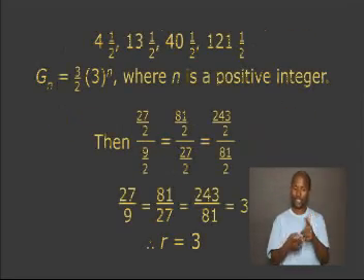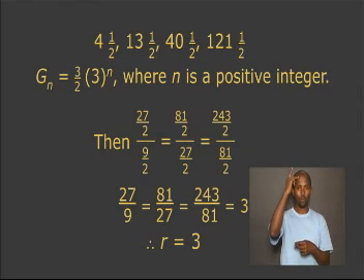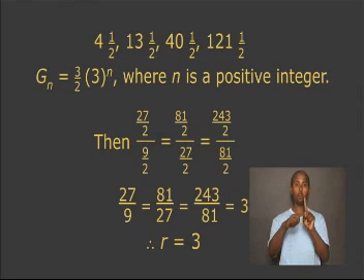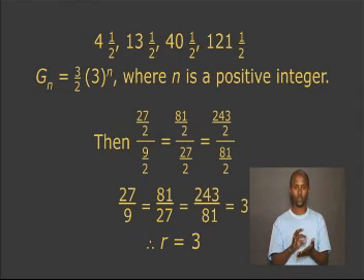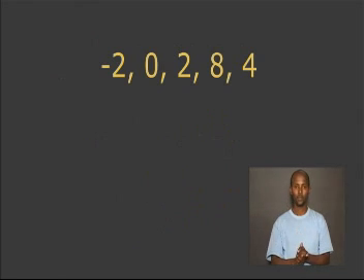The second sequence is geometric. It is described by the equation 3 over 2 times 3 to the power of n, where n is a positive integer. R equals 3. The third sequence might have been a bit tricky, students.